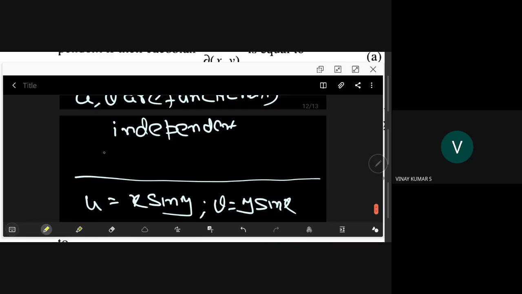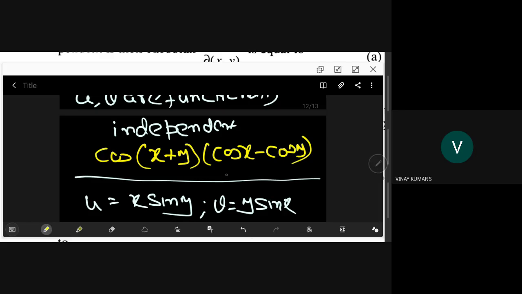So we have cos x plus y into cos x minus cos y. For some choice of x and y, I have to show this is not equal to 0. If I choose x and y as pi by 2, that is not my choice.